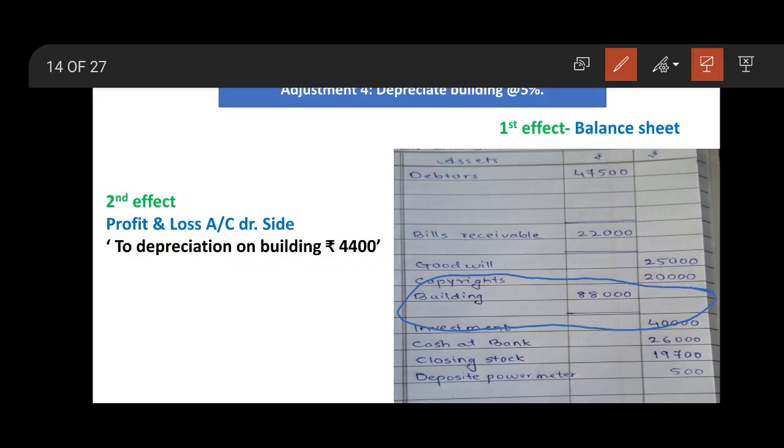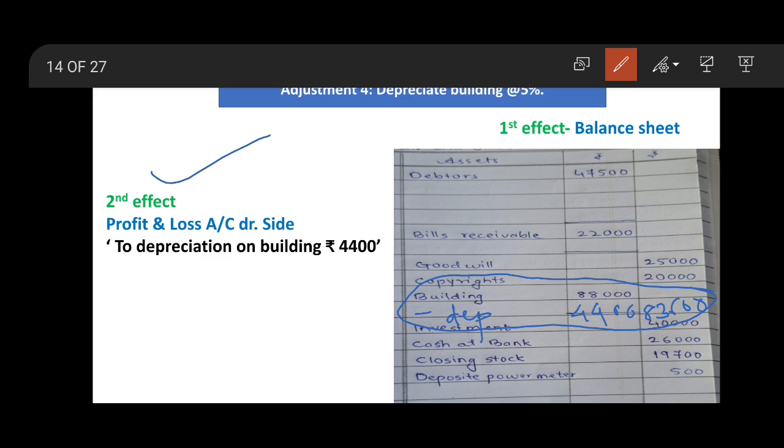So, what to do with this 4,400? Less depreciation 4,400. After deduction, take the amount outside, you will get 83,600 in the outer column. This was the first effect.